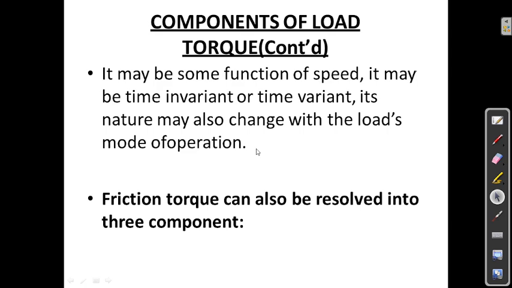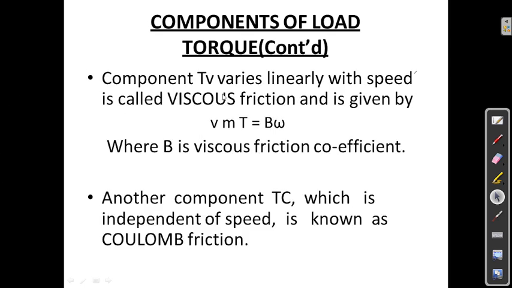What are those components? The component TV varies linearly with the speed and is called viscous friction. It is given by TV equal to B omega, where B is the viscous friction coefficient. Another component TC, which is independent of speed, is known as Coulomb friction.